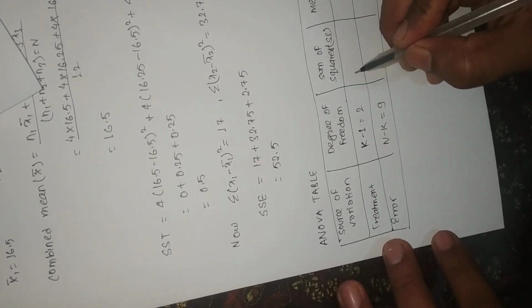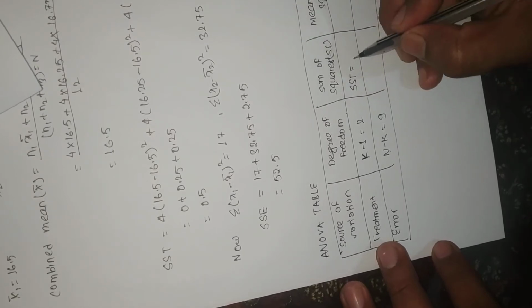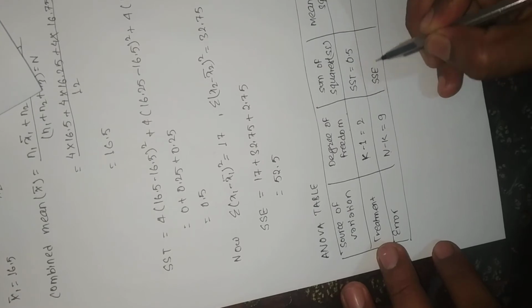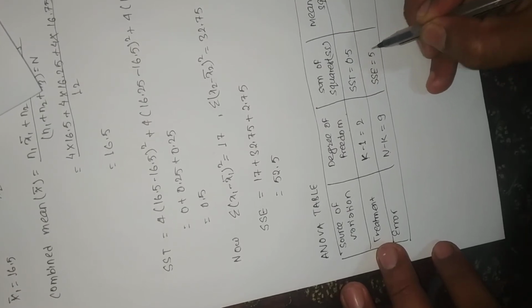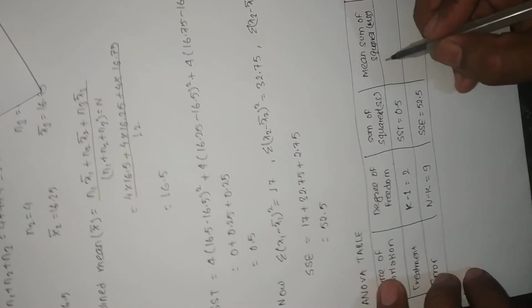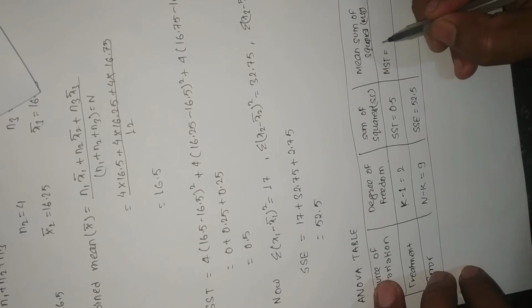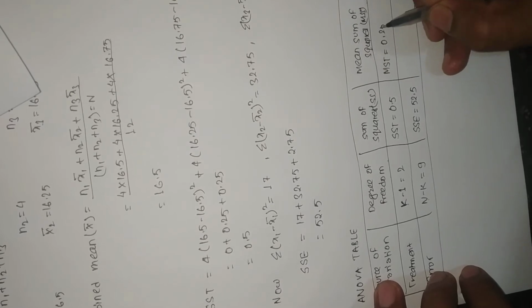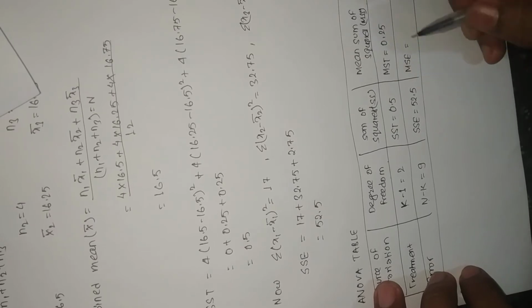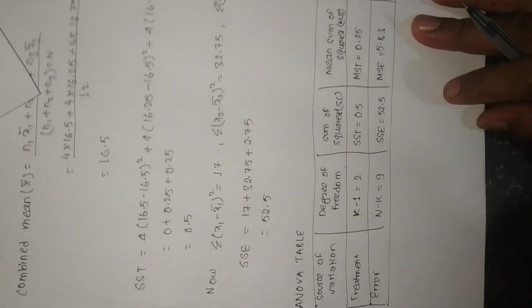Now the sum of squares: SST will be 0.5 and SSE will be 52.5. The mean squares: MST will be 0.25 and MSE will be 5.83.